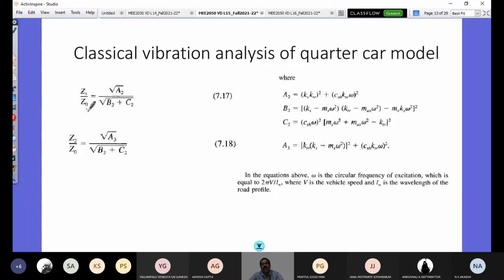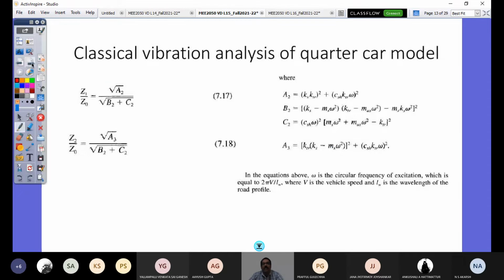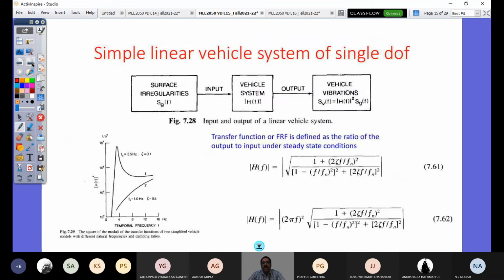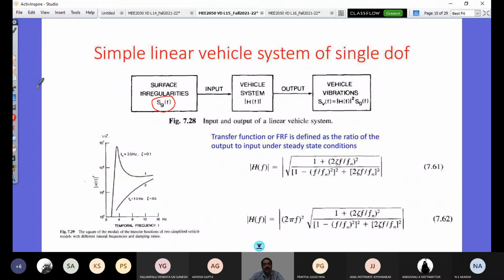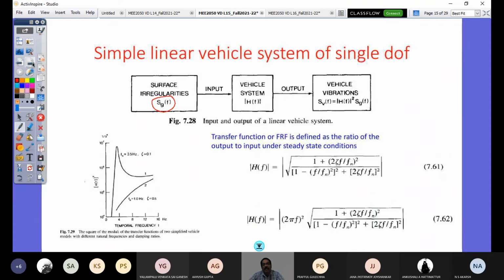This is what is transmissibility, right? Z1 by Z2, or Z0, to get this. This equation we have seen, you have asked also this doubt in the class. I clarified. We will go ahead with this. I'm getting back to the slide of our focus of how do you get this SG of f. This is what I'm going to explain you in coming slides.